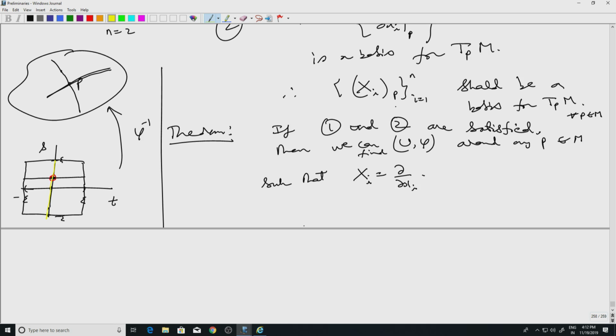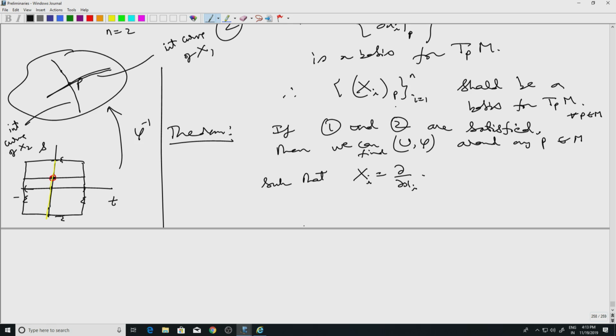So this yellow line segment is mapped to this. This is the integral curve of x1, and this would be the integral curve of x2, with the initial condition that both of them pass through P.